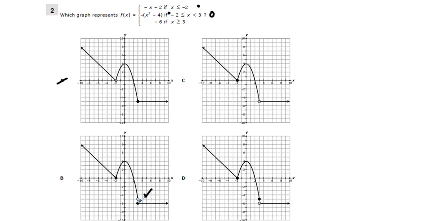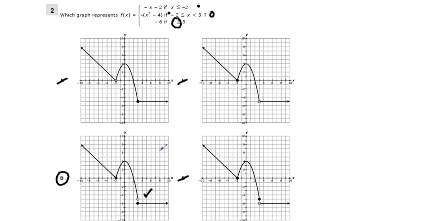If x is greater than or equal to 3, that greater than or equal to is going to eliminate this D. And I think we should have a filled-in circle there. I think C is eliminated too. I think B is our correct answer for this.